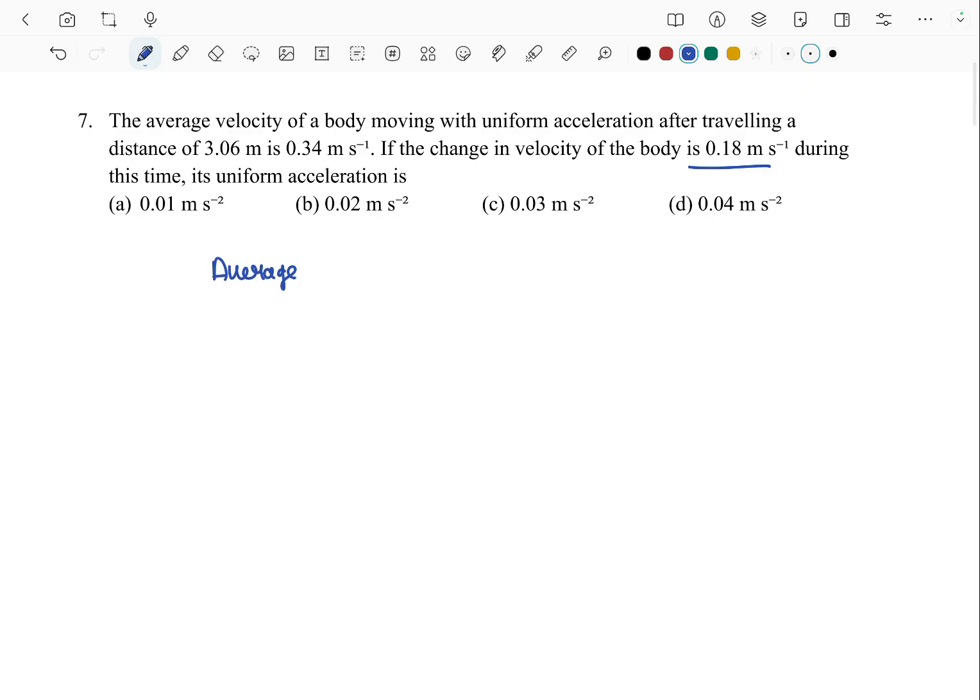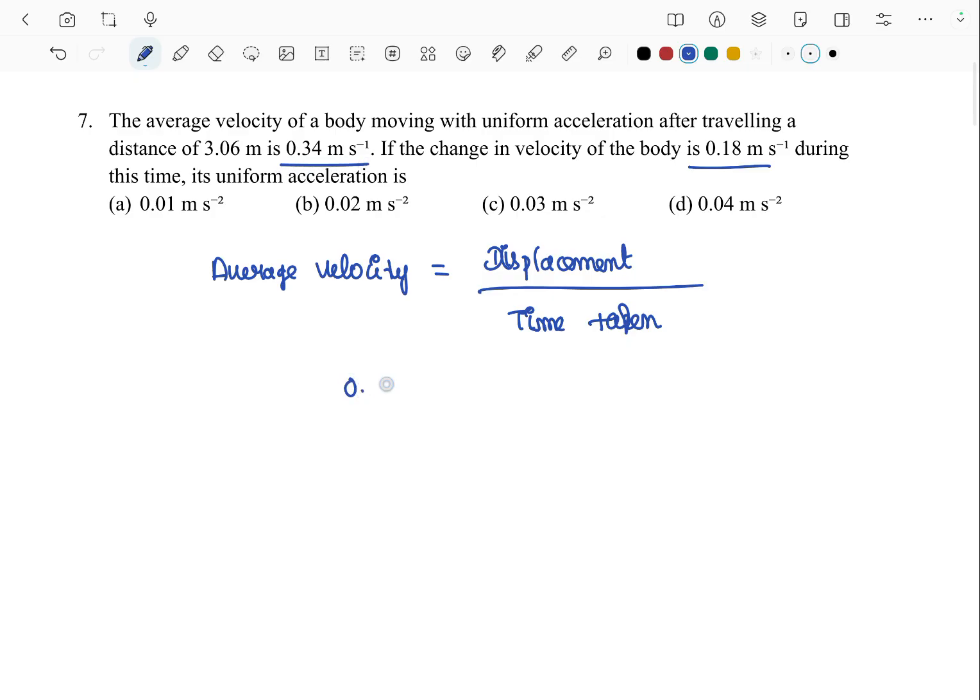Average velocity is displacement by time taken. The average velocity is given to you as 0.34.